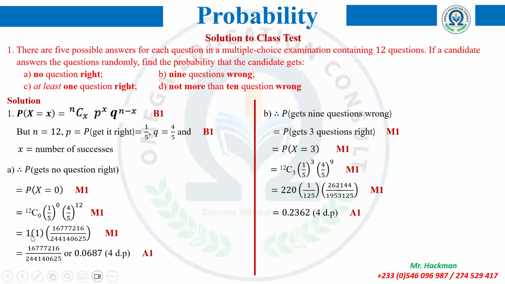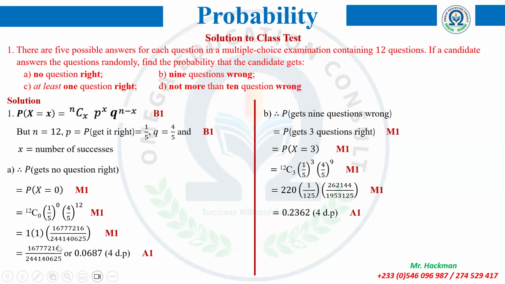So I multiply this, and this is what I'm supposed to get, because it will be 1 times this. If you leave your answer as a fraction, that is okay, or you leave your answer as a decimal, because this fraction is huge. Even writing the numerator itself will take time compared to writing the answer here.